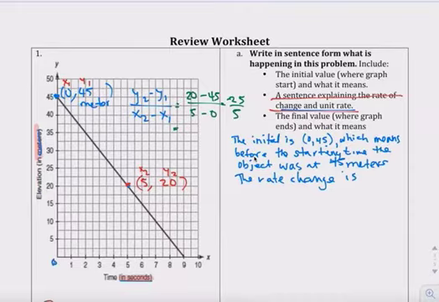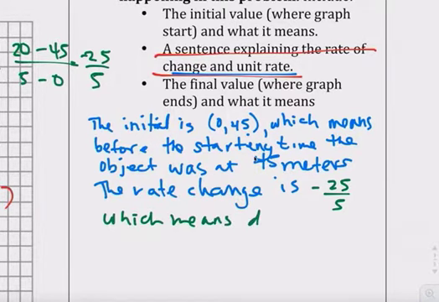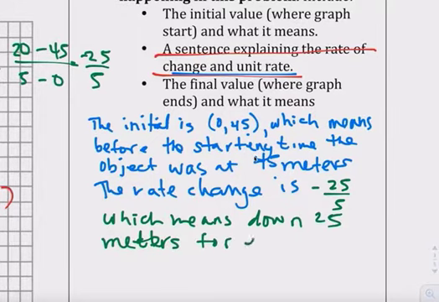That's negative 25 over 5. So your rate of change is negative 25 over 5, which means down 25 meters every 5 seconds.